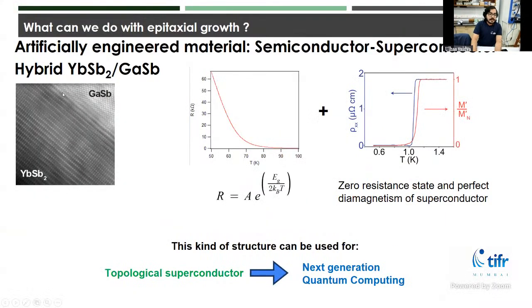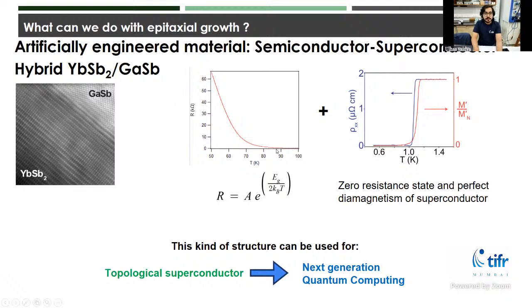Here you can see in the TEM image, this is the YbSb2 crystal on the gallium antimony substrate. This is what we are currently growing, and after growing, we have an artificially engineered material, a semiconductor and superconductor hybrid between YbSb2 and gallium antimony.